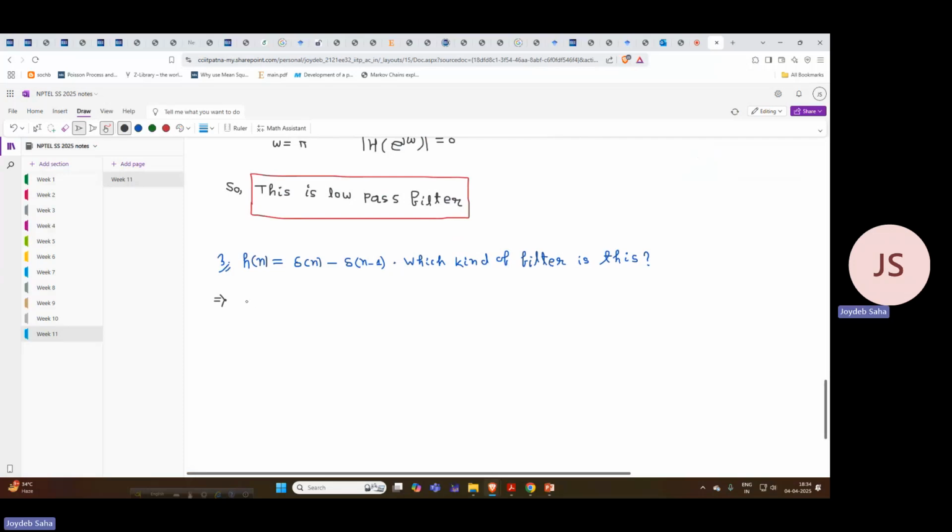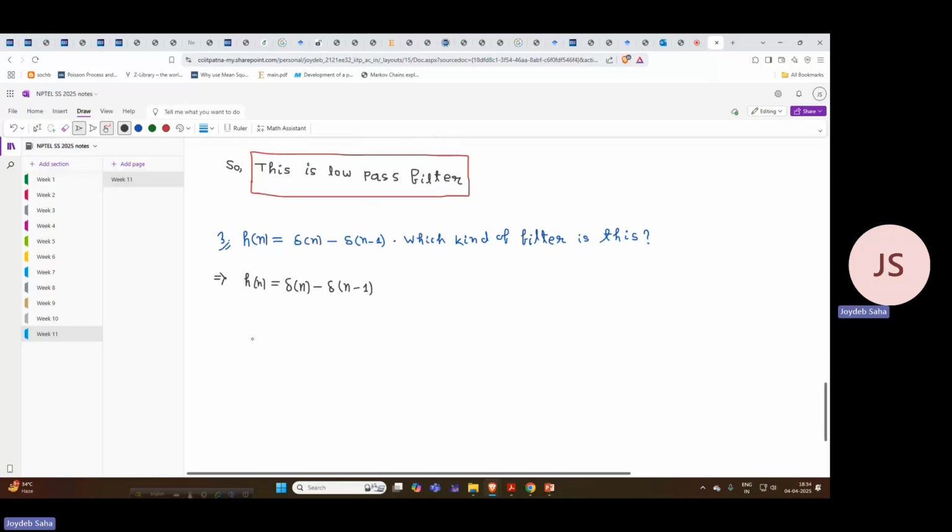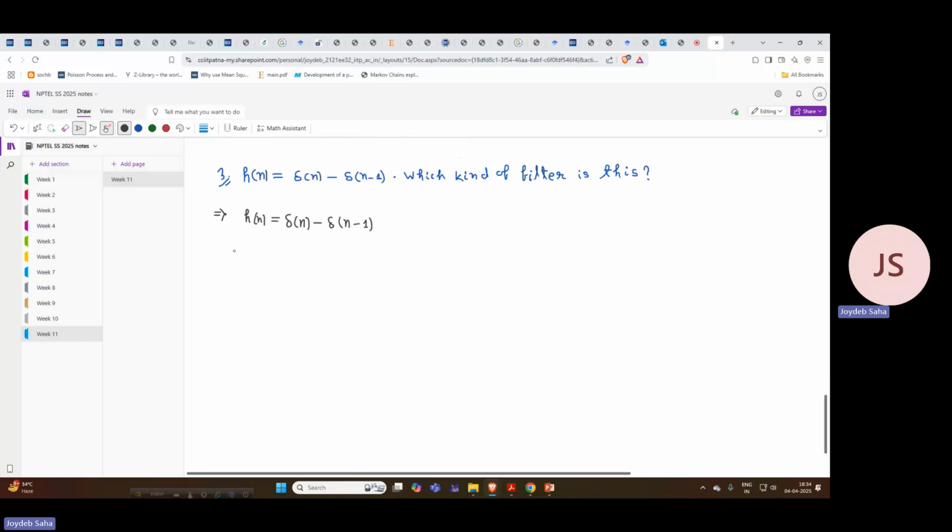Okay, so let us solve this. Here it is given h of n is equal to delta n minus delta n minus 1. Apply DTFT.